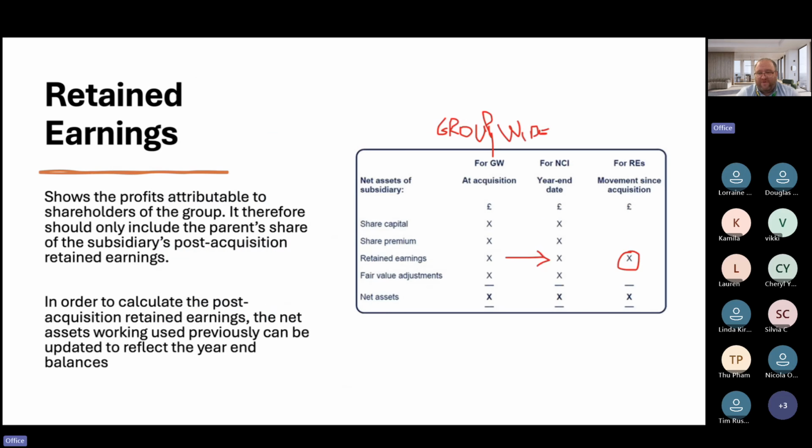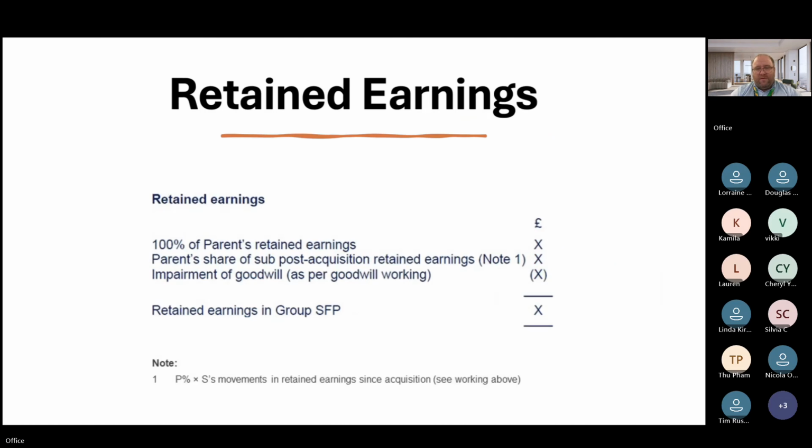So you're going to get that overall movement here, but how much of that relates to the parent? The retained earnings could have moved by £500,000, but if I only own, say, 80% of the business, then I'm only entitled to 80% of £500,000, which is £400,000. The other £100,000 belongs to the non-controlling interest.